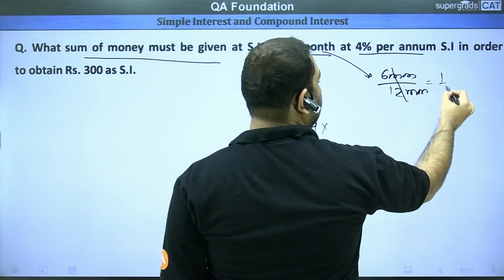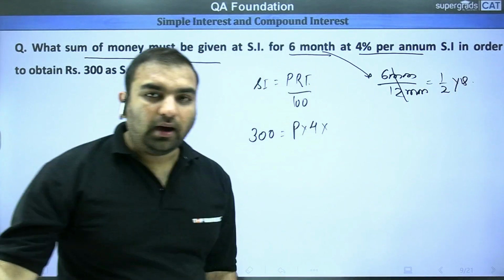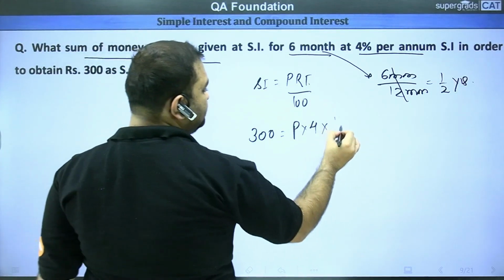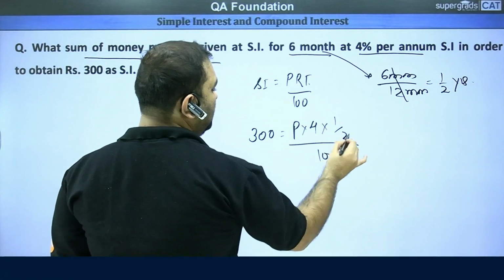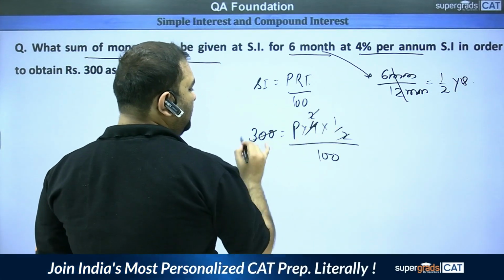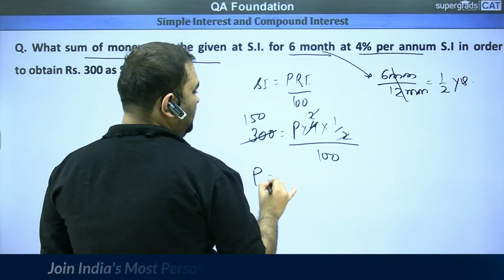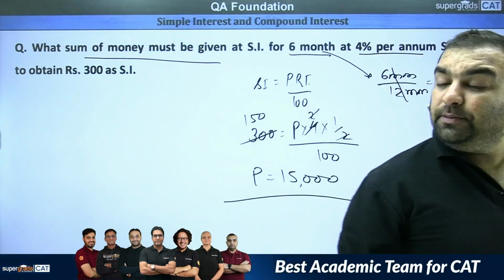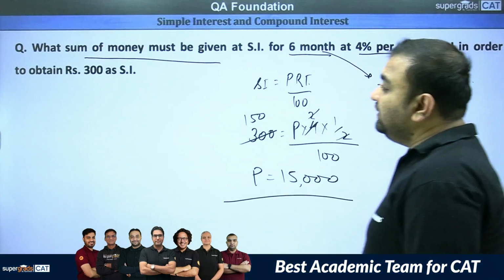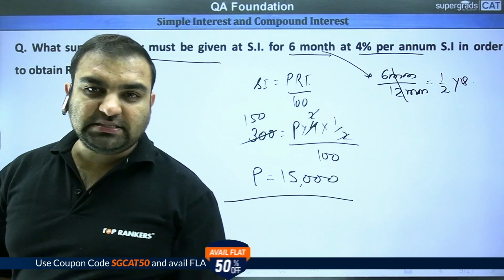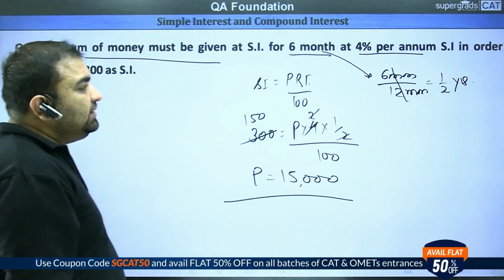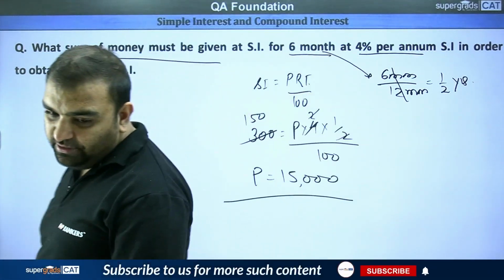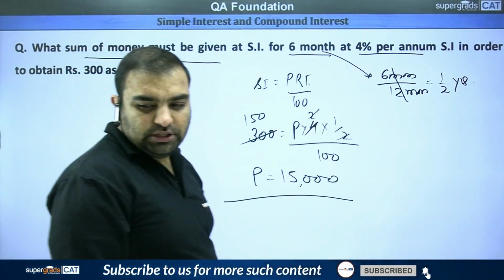1 by 2 year. क्या हो जाएगा भाई? Half year. 6 months is equivalent to half year. Divide by 100. 2. 150. 15,000 principal should be there if you want to earn 300 rupees interest at 4% in only 6 months. सिर्फ 6 महीने में 4% पर, if you want to earn 300 as interest, what should be the principal? 15,000.